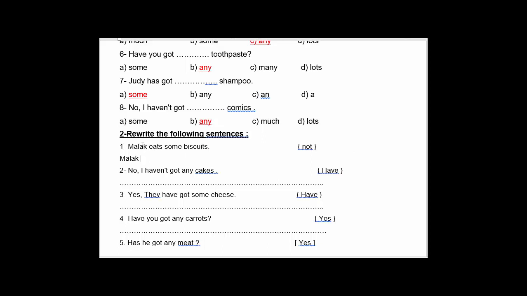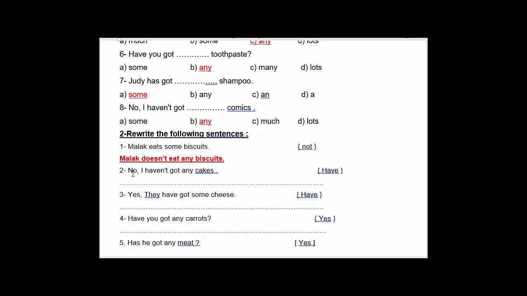The subject here is Malak. So we have to use doesn't. Malak doesn't eat. And we will turn some to any. Malak doesn't eat any biscuits, because we use any with a negative sentence, and doesn't here is a negative form.